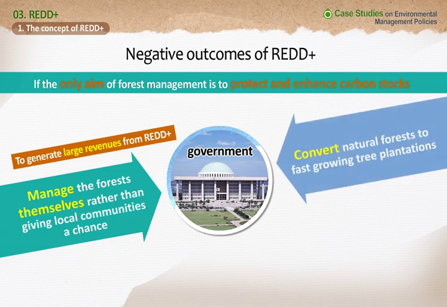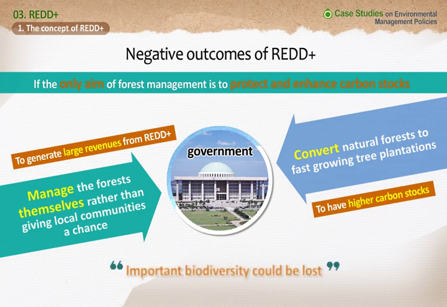Or, governments might decide to convert natural forests that don't have such high carbon stocks to fast-growing tree plantations that have higher carbon stocks. In the process, important biodiversity could be lost.